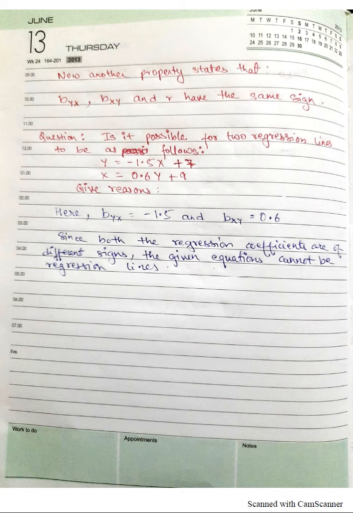You always need to remember that byx and bxy and r, that is both the regression coefficients and the correlation coefficient, will always have the same sign. So if bxy is negative, byx should also be negative, and if byx is positive, bxy should always be positive.